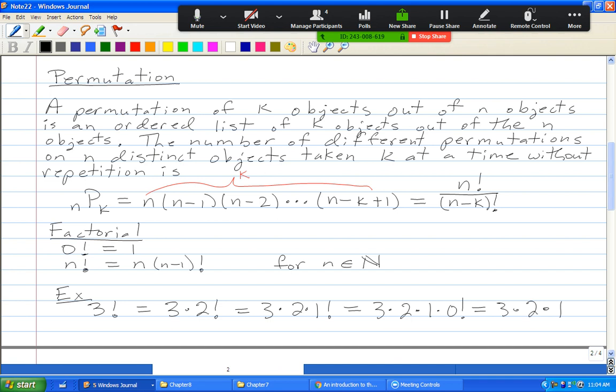But we'll call other things permutations.